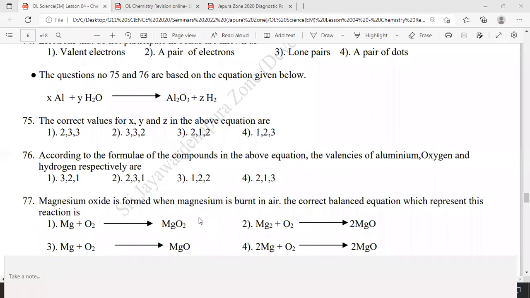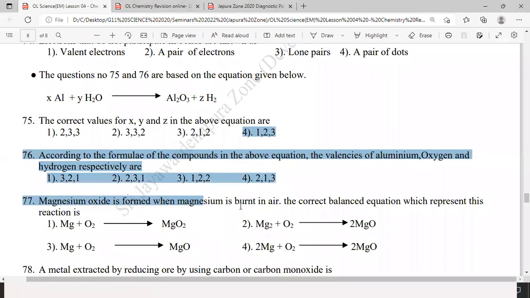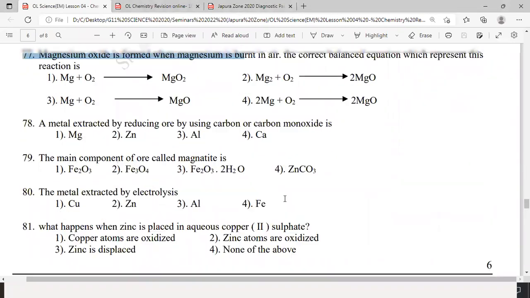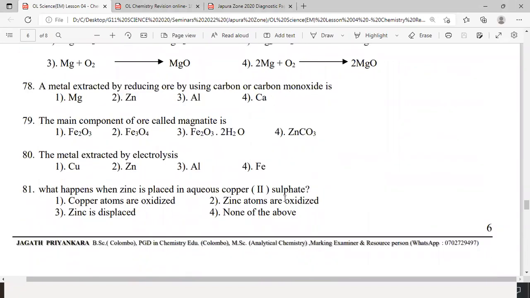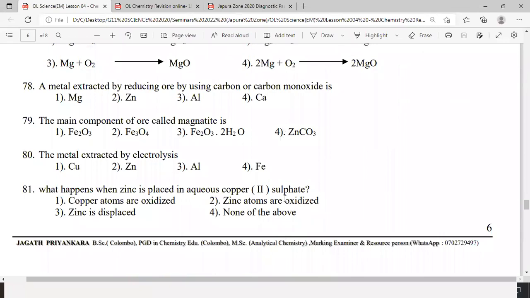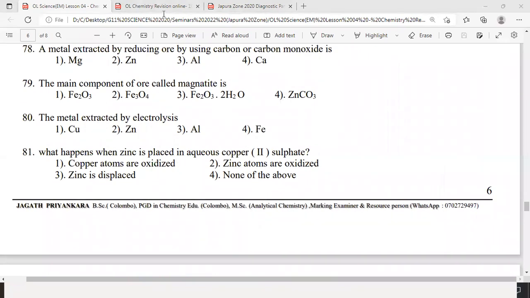Question number 78. A metal extracted by reducing its oxide using carbon or carbon monoxide. This is a good question. Question number 78.